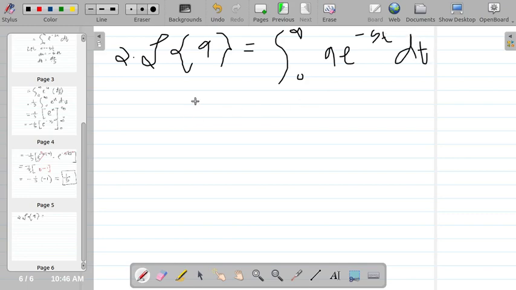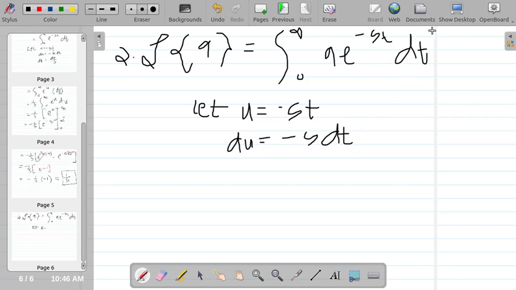So, let u be equal to negative st. The derivative of u in terms of t is just equal to negative s dt.